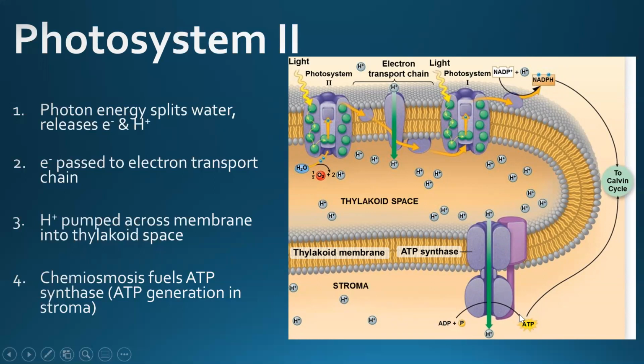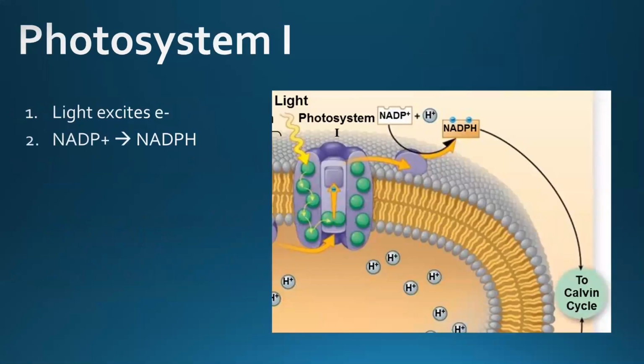The ATP that's produced is going to then go to the Calvin cycle. With photosystem 1, here we zoomed in on it, light is going to cause the electrons to be excited, and they're going to move to NADP plus and be reduced to NADPH.